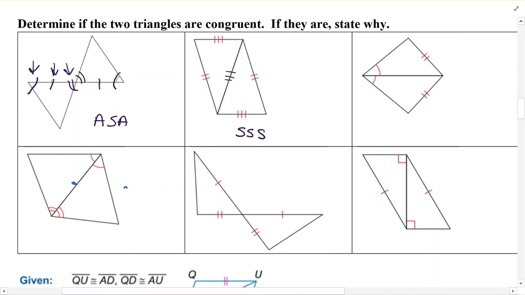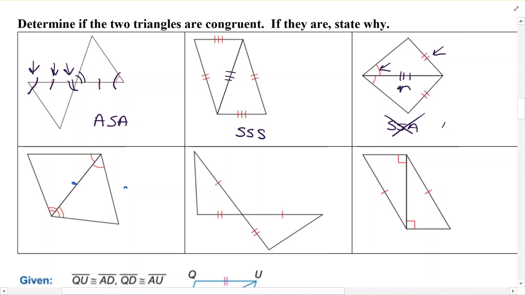The next one shows an angle congruent and one side congruent. And then we know that the shared side has to be congruent. But in this one we have side, side, angle.